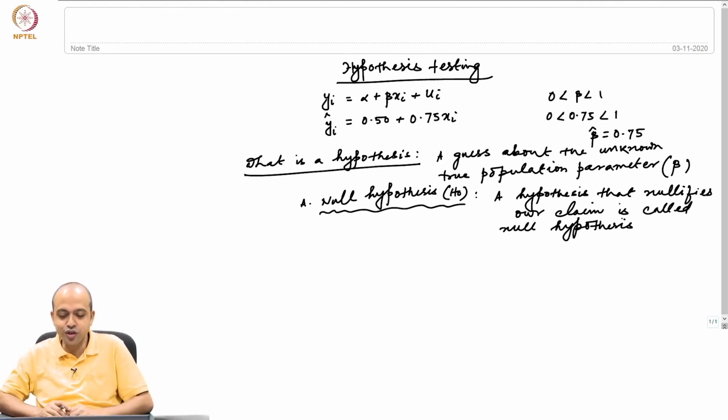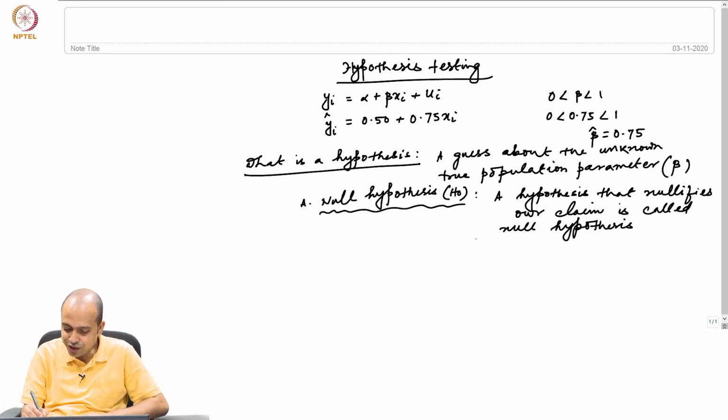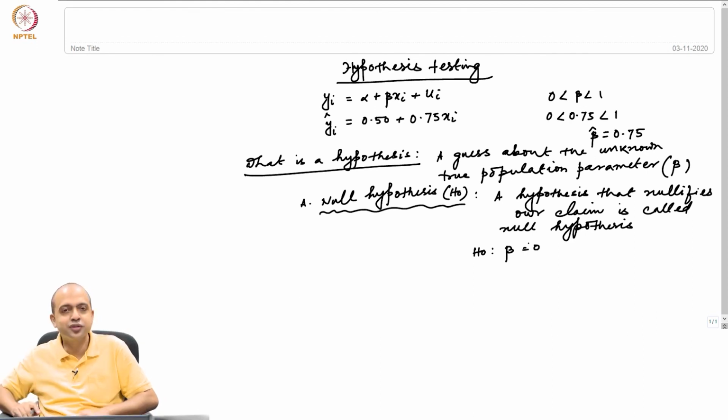Now, in this context, what is our claim? Our claim is that income has a significant impact on consumption. That means, if you nullify, what would be the hypothesis? Income does not have any significant impact on consumption. Then how will you write your null hypothesis in terms of this notation? You will say that beta equals 0. That is our null hypothesis.